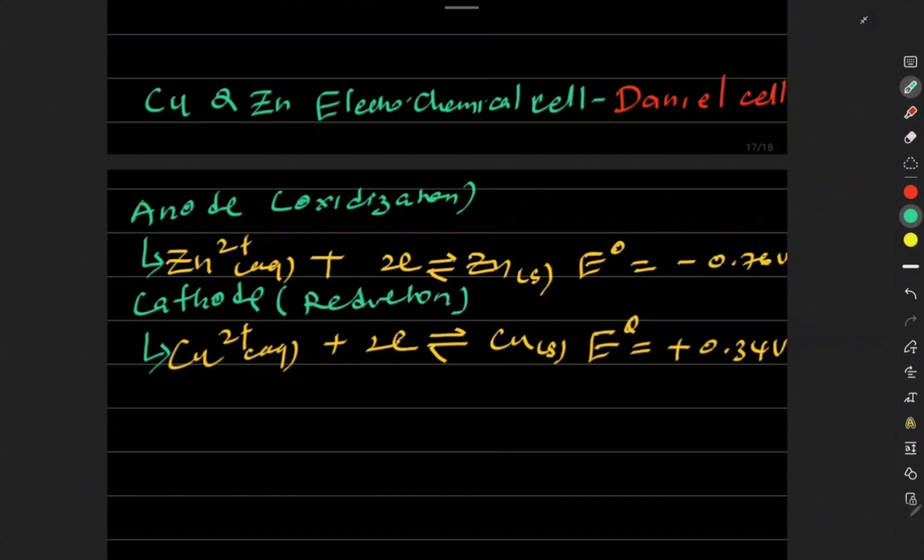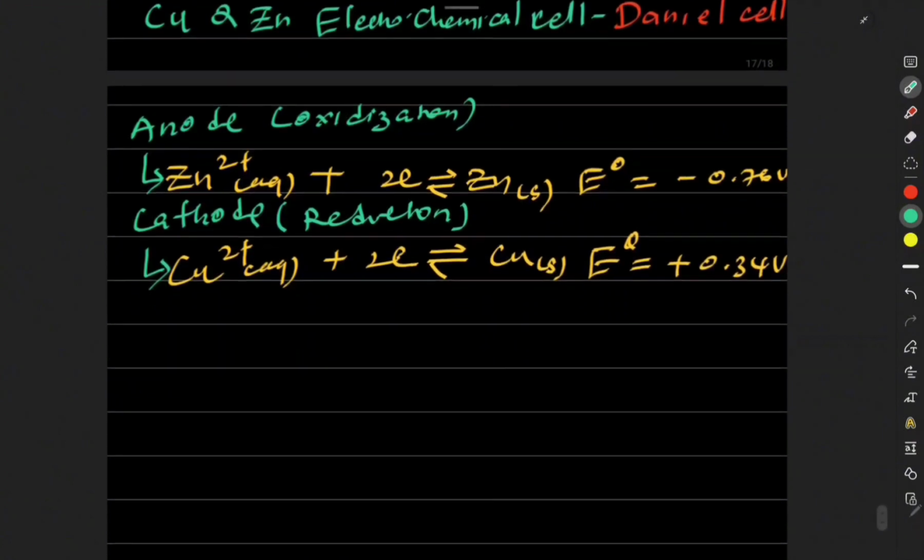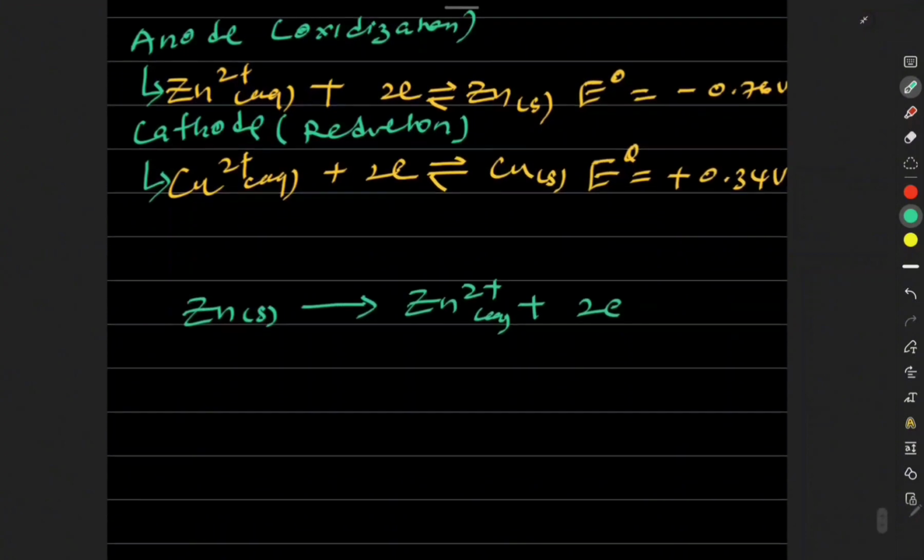It absorbs electrons, it gains electrons. Let's write the reaction from the beginning. Zinc solid is converted to zinc 2 plus aqueous plus 2 electrons, and then copper 2 plus and these two electrons form copper solid.